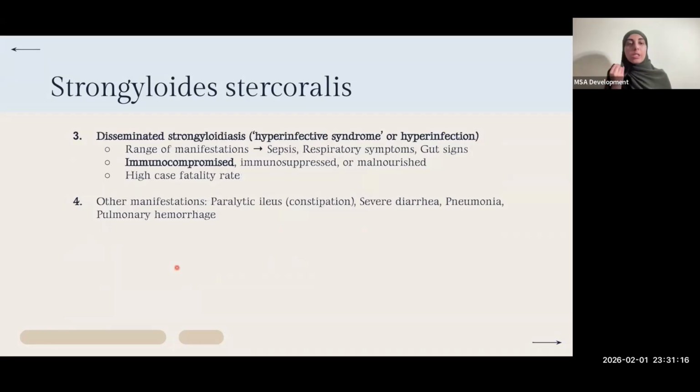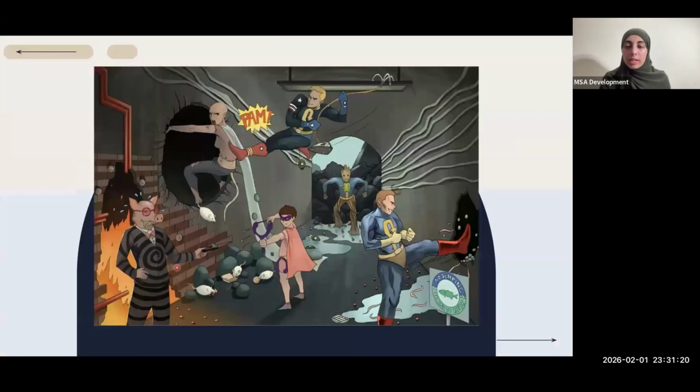The third presentation is disseminated strongyloides infection. If we go back to the Sketchy picture and you look at the arrow going up and then coming back down, that's because when it infects a person, we have penetration of the skin, through the foot for example, and then it goes into the blood and then to the lungs, up the bronchi into the pharynx, and then it is swallowed and goes down the GI tract, and that's how it reaches the GI tract.